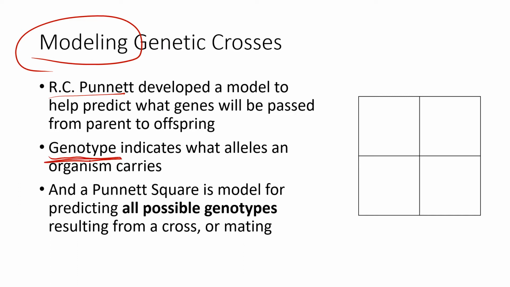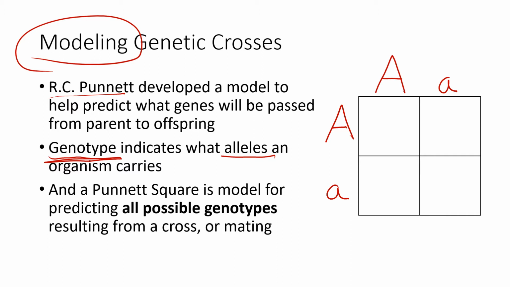A genotype indicates the alleles that an organism carries. For instance, if somebody is dominant for a trait and recessive on the other allele, that means they're a heterozygous genotype. And maybe this person also has a heterozygous genotype. And this could be for anything. So let's say it's for flower color, right?